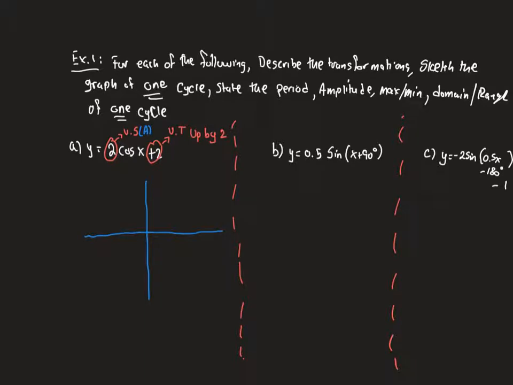If the k is 1, this means my period. So my amplitude is 2. My period would be 360 degrees. Okay? So how would I find my max? Well, I know my amplitude is 2.